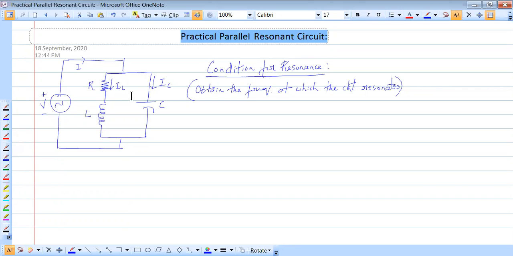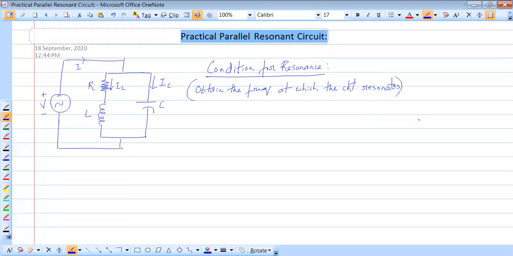No, this is what learning is all about. You have to initiate, you have to volunteer, develop those qualities. Yes, now anybody, how did we obtain the equation for resonance for the series resonance circuit? Nobody's trying. Okay, just see this.